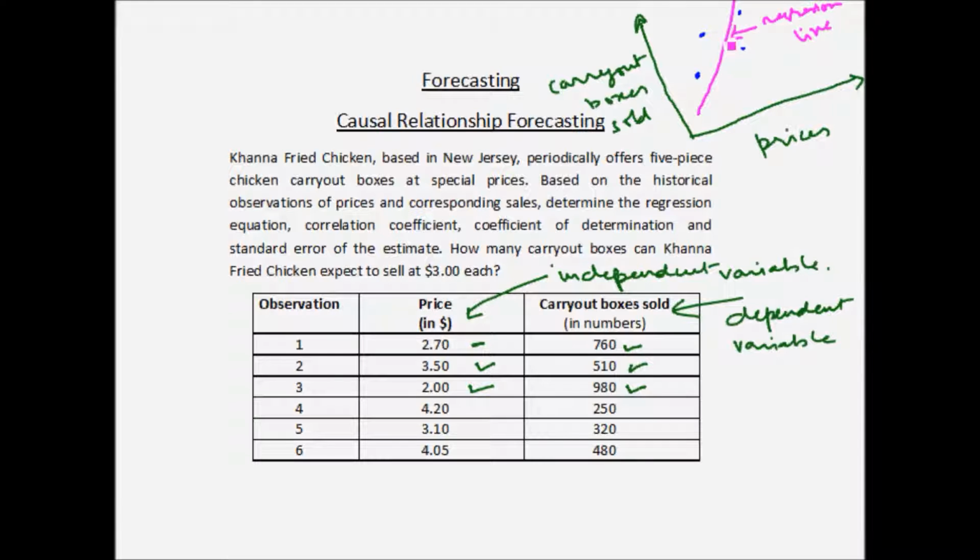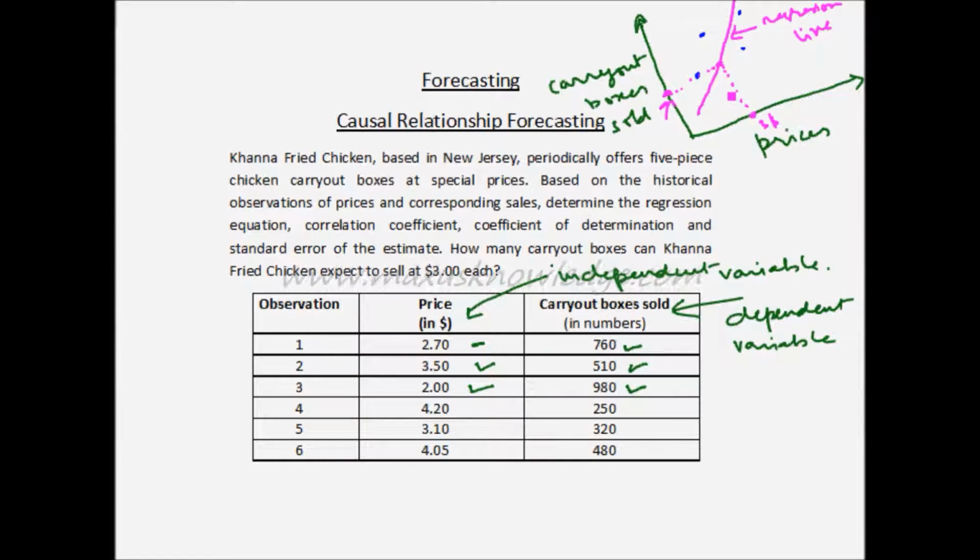So once we have drawn the regression line, we can then determine the amount of boxes sold for any price. So if we have to find the number of carry-out boxes projected to be sold if the price is $3, so let's say this is $3, we can draw the line like this, and then this will be the number of boxes sold at a price of $3.